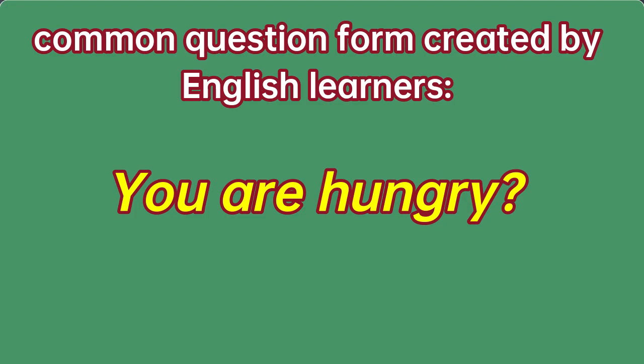Now, what's common when people are learning English is that they make the question like this. You are hungry? You are hungry? And you can see the verb to be and the person have changed position. Now, this is not necessarily wrong, it just has a slightly different meaning.